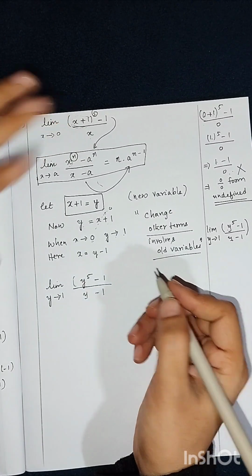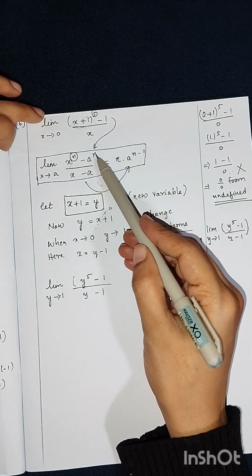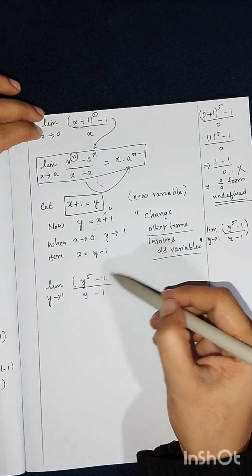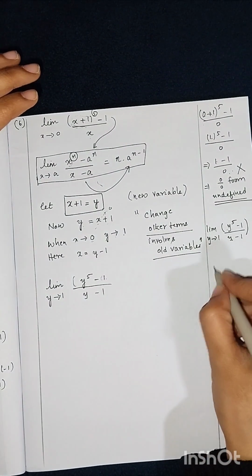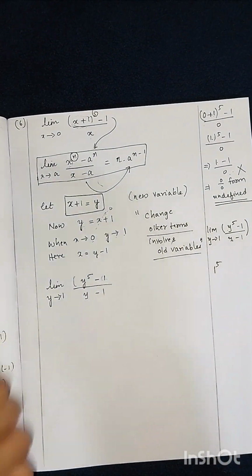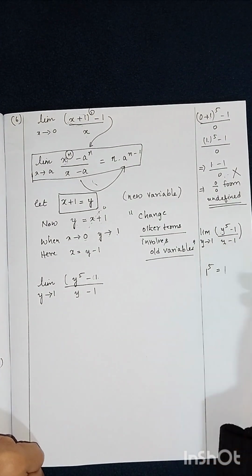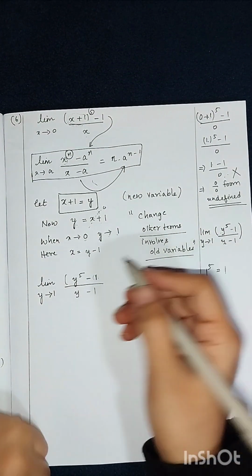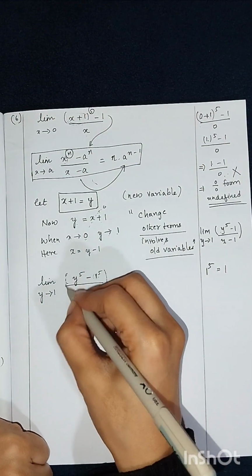One small thing we will change here. See, here we have a to the power of n, right? But here it is just a. So how can we write 1 here? It's very simple. 1 to the power of 5 is equal to 1. So instead of just writing 1, we can also write 1 to the power of 5. There is no difference, right?